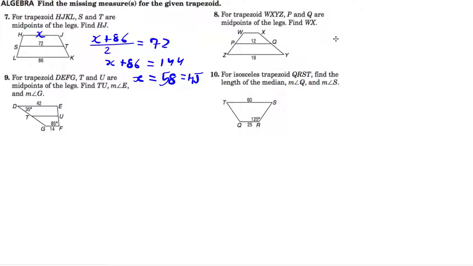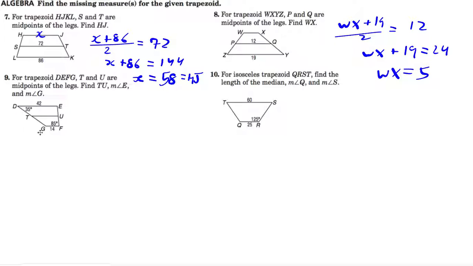Same with over here. We can call this just WX. WX plus 19 divided by 2 is equal to 12. So WX plus 19 is equal to 24. So WX is equal to 5.